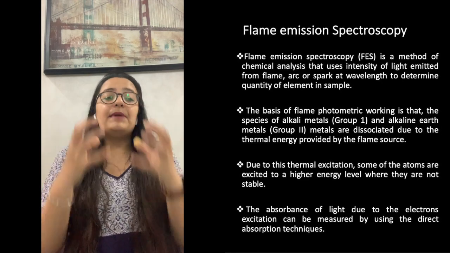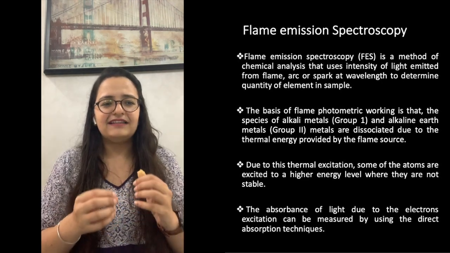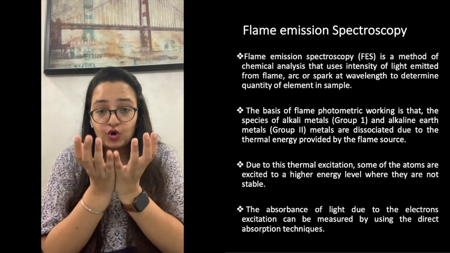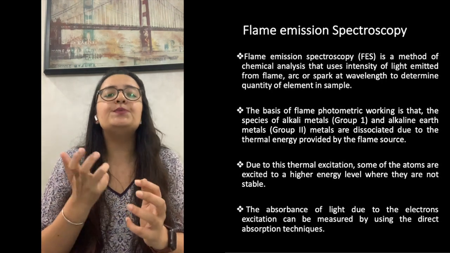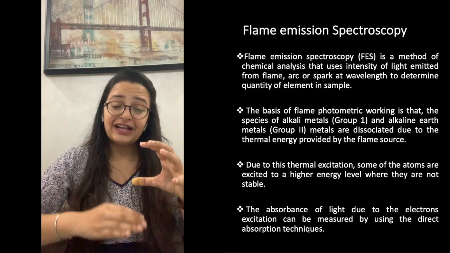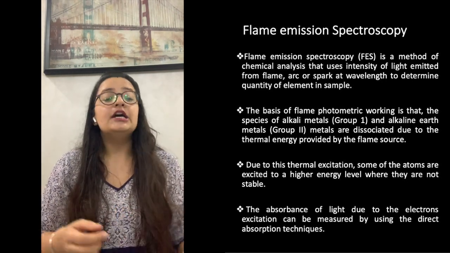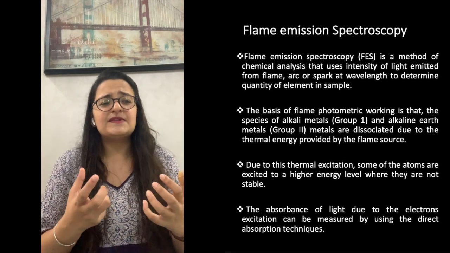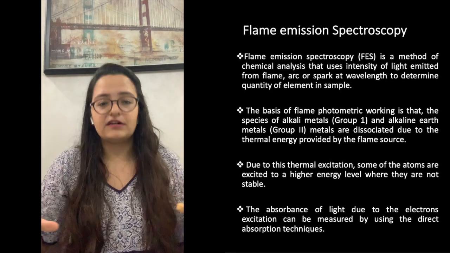The basis of flame photometry is that the species of alkali metals, group 1, and alkaline earth metals, group 2, are dissociated due to the thermal energy provided by the flame source itself. Due to this thermal excitation, some of the atoms are excited to a higher energy level where they are not stable.